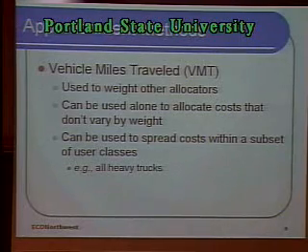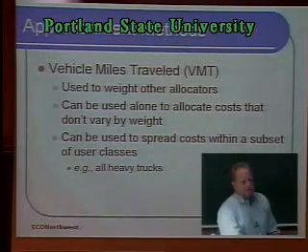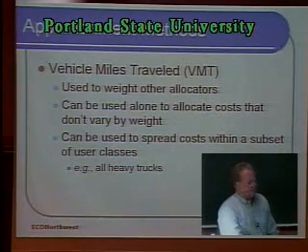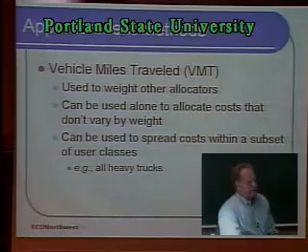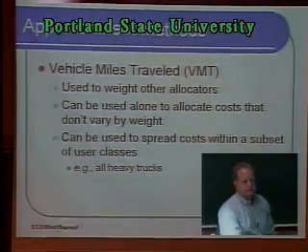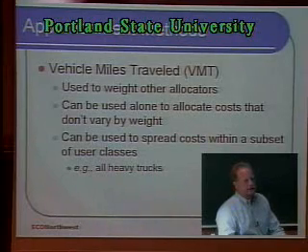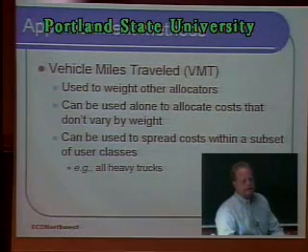They're also used to weight the other allocators like PCEs or pavement factors and so on. And they can be used to spread costs within a subset of user classes. So you can use VMT to spread the costs of motor carrier division administration among the heavy vehicles that motor carrier division regulates.